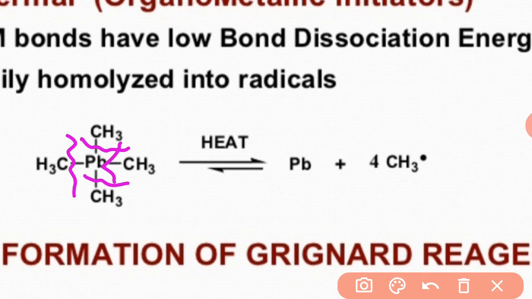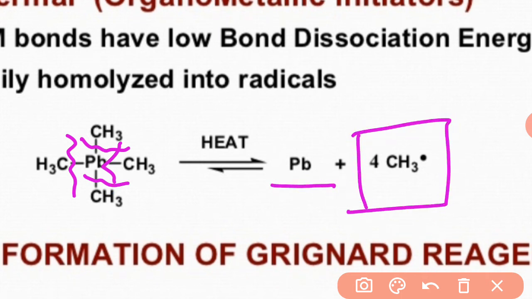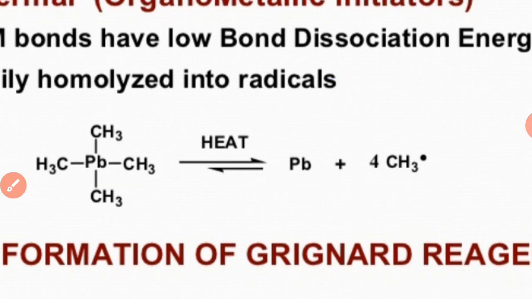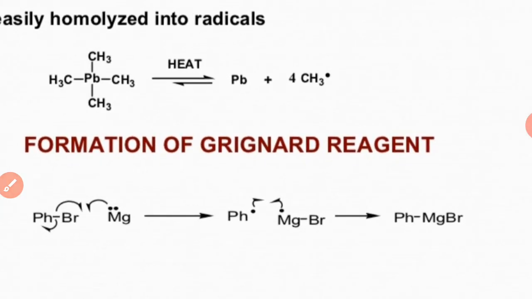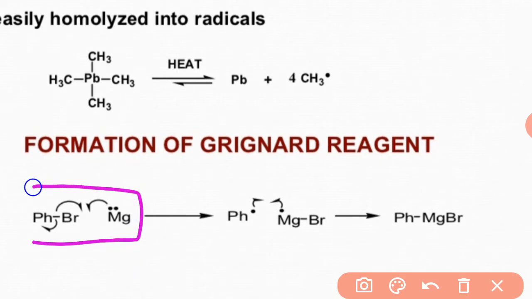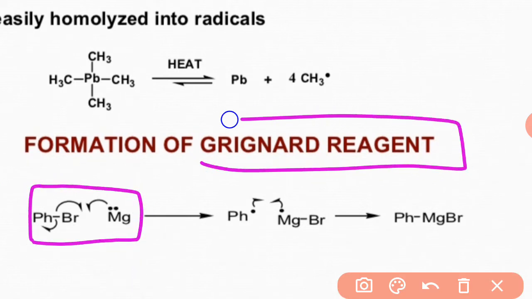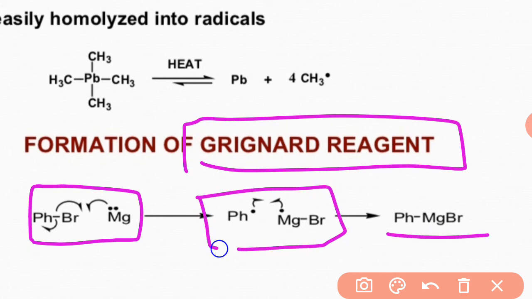So overall four methyl radicals will be generated, and the lead will be separated. The heat will be needed to break all the lead bonds with the methyl groups, and that will generate four free radicals. This is a very important reaction because it indicates that to form Grignard reagent, the free radical mechanism is usually followed.